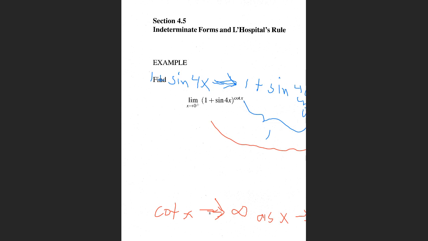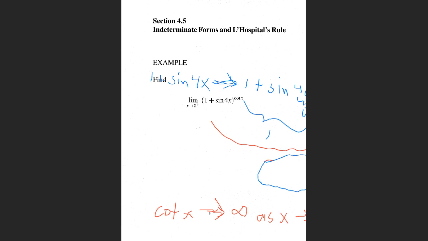So this function, 1 plus the sine of 4x raised to the cotangent of x power, acts like 1 to the infinity power.